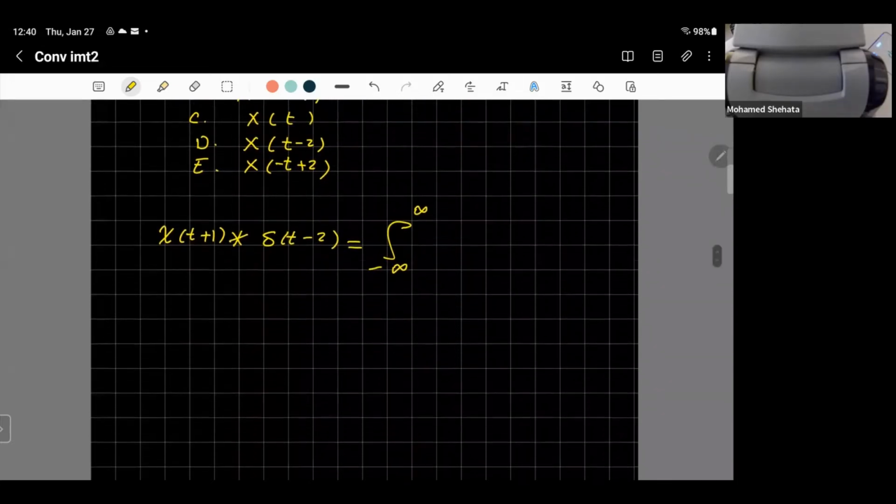Before I do that, I will refresh your memory. If you want to find the convolution of x(t) and h(t), we said we have two ways.